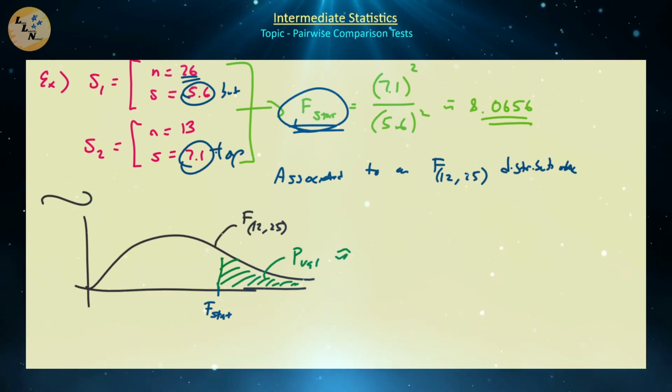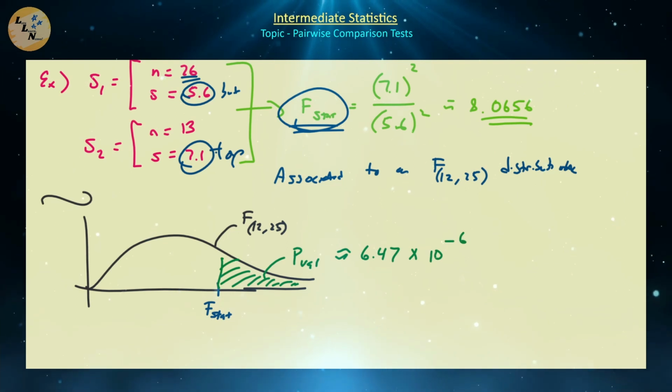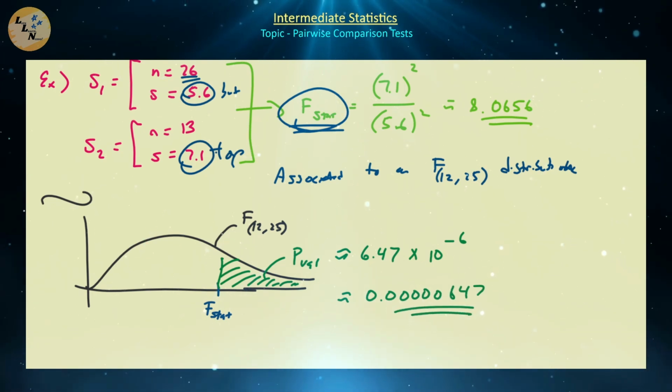Using some software, you should be able to find that it is approximately 6.47 times 10 to the minus 6, which is approximately equal to 0.12345, right?